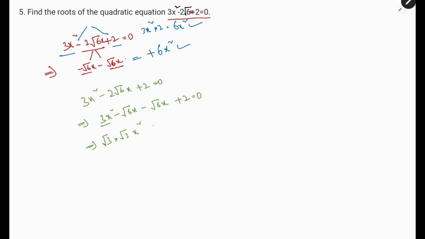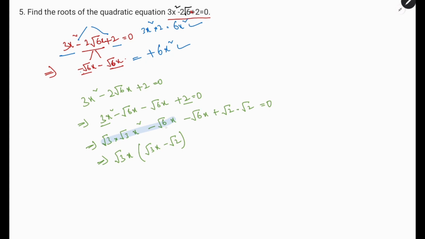Root 3 into root 3 x square minus root 6x minus root 6x plus 2, which can be written as root 2 into root 2, equal to 0. Now from these two terms take root 3x common. It will be root 3x minus root 2.